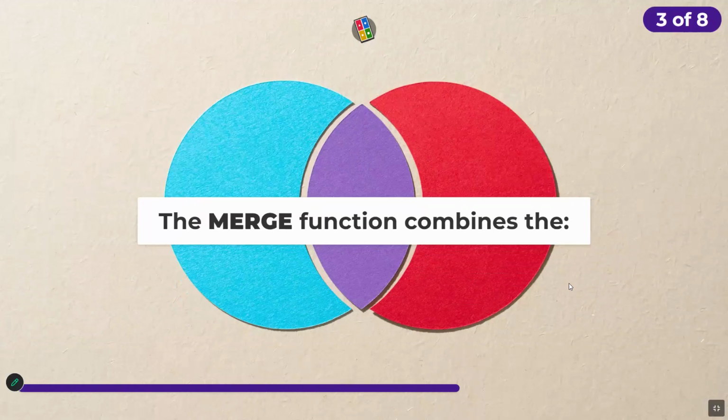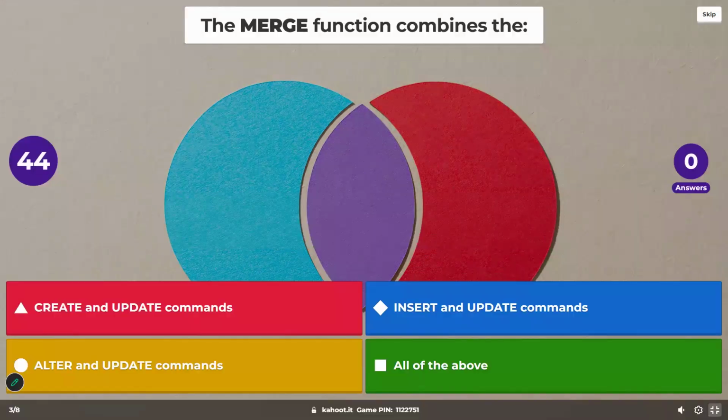The MERGE function combines what? Which two are used in the merge? We just went through that big example. There are two statements that occur when you run a merge.